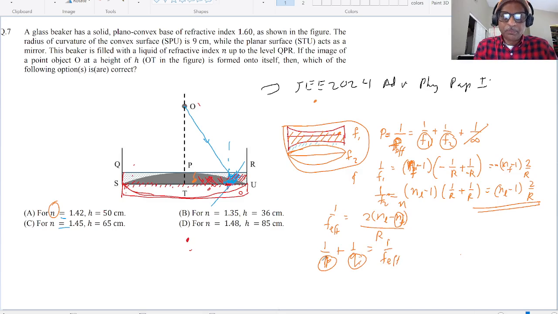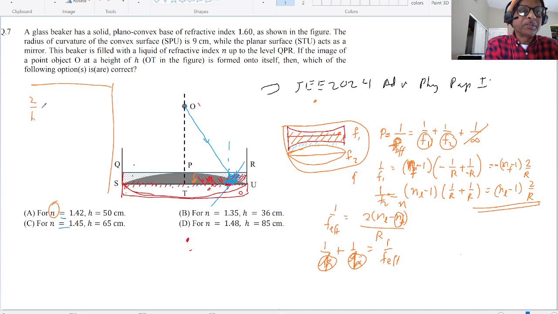They're both h, and that just gives us 2 over h. 2 over h is 1 over f effective, which is 2 times (n_l minus n) over r.